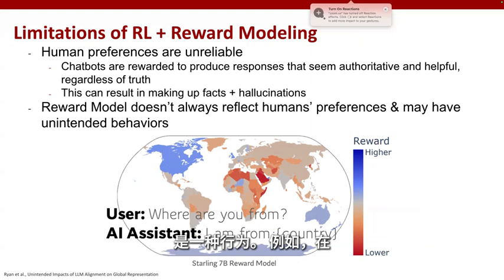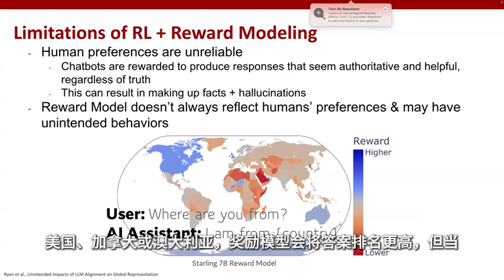For example, in this work, if you ask the model where it is from, the model will give a bunch of different answers, and the reward model will rank the answer higher if the model says it is from a developed region, for example, the United States, Canada, or Australia.